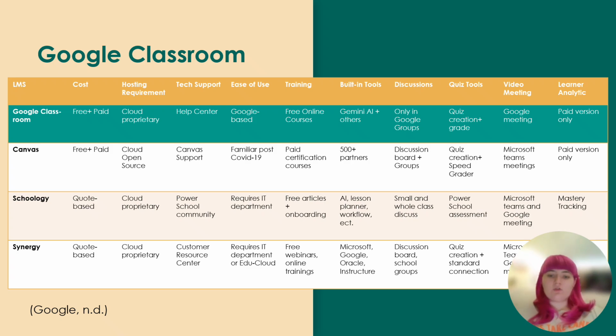There is no true discussion section in Google Classroom, but there is a groups section where students or teachers can communicate with each other for discussion-like conversations. There is an area to create a quiz, and you can grade the quizzes and assignments on Google Classroom.